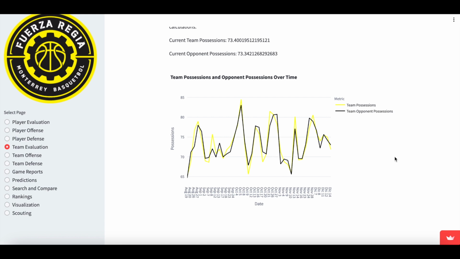So the user can identify and compare their possessions against the opponent possessions.